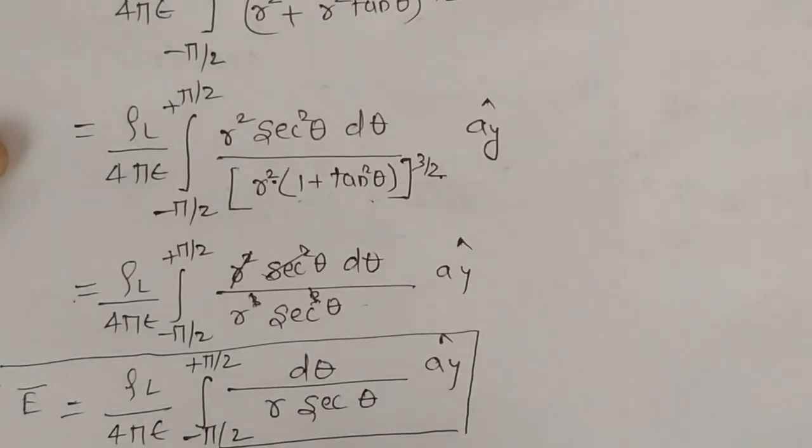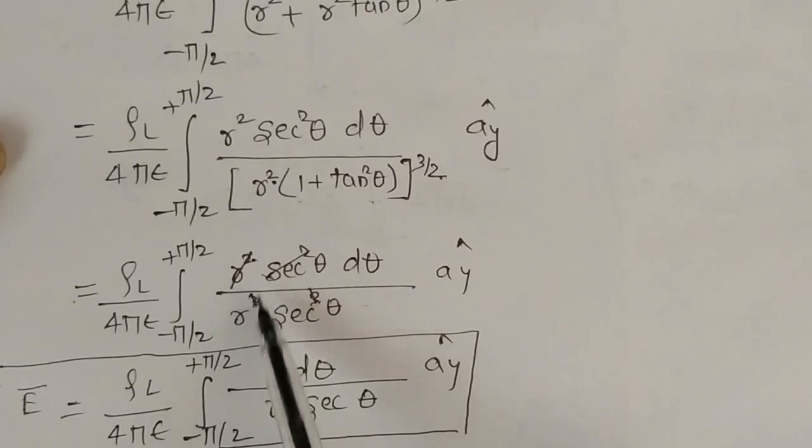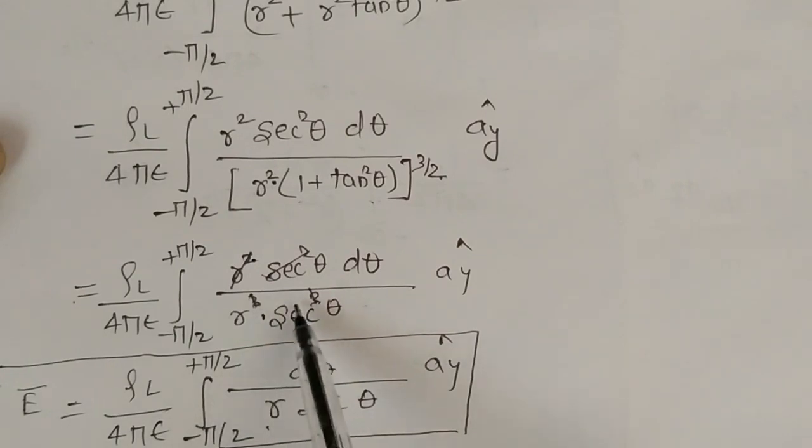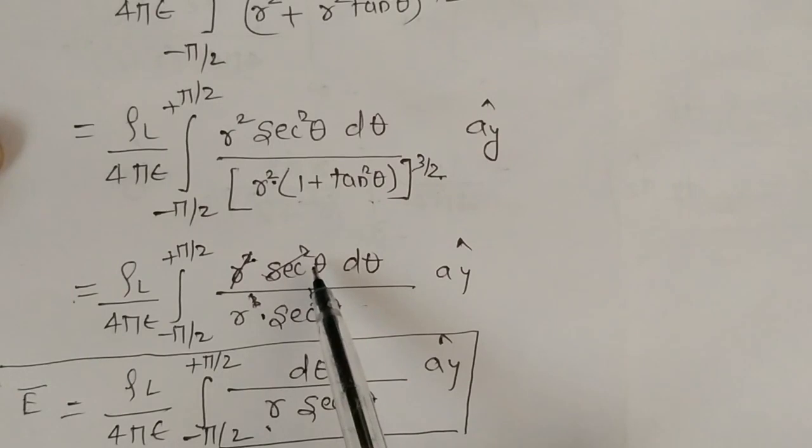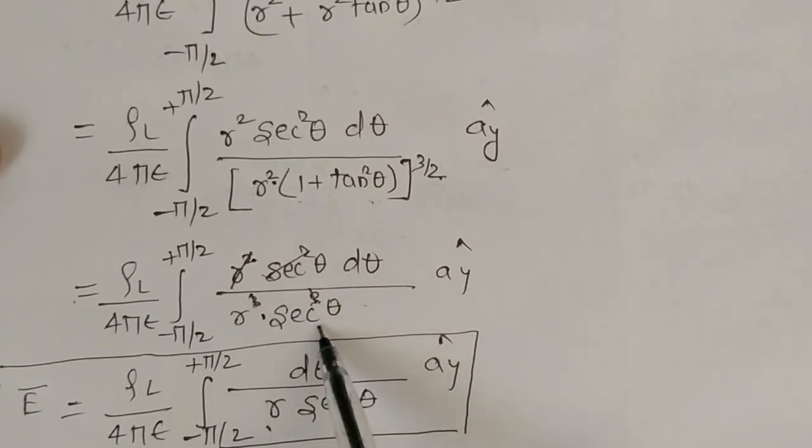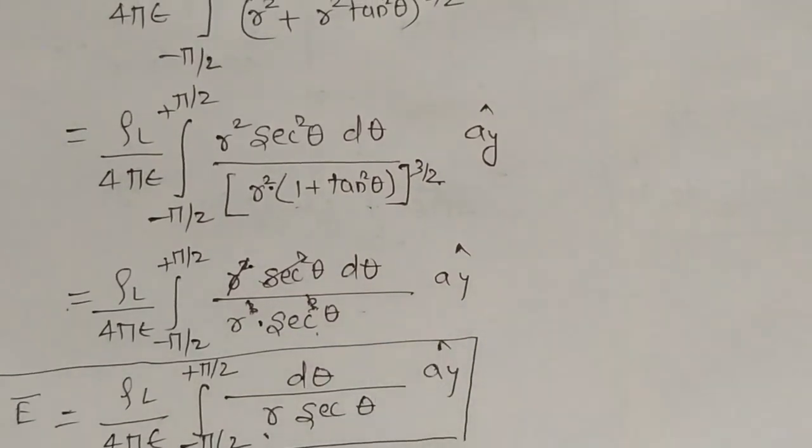So yes, please try to understand. Is it clear to you? That is rho L upon 4 pi epsilon, integral from minus pi by 2 to plus pi by 2 of d theta times r upon sec theta into a cap. So this r square and r cube will get cancelled, leaving behind only r, because r cube equals r square into r. So r square will get cancelled, leaving behind r, and sec cube theta can be written as sec square theta into sec theta.